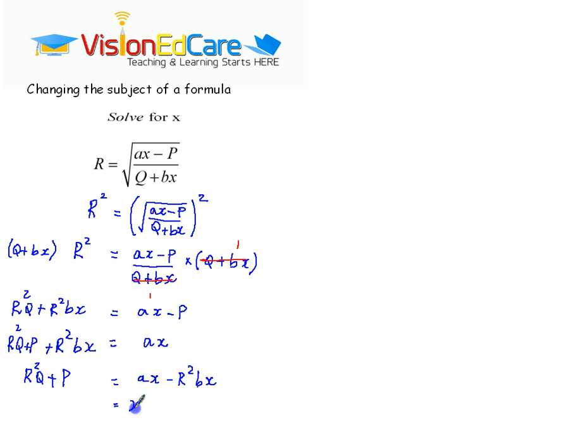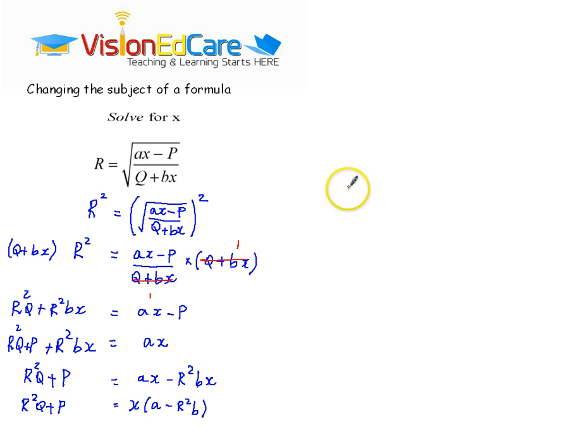So by factoring out x we get a minus r squared b, and on the left hand side I have r squared q plus p. By dividing both sides by a minus r squared b, I can get x.